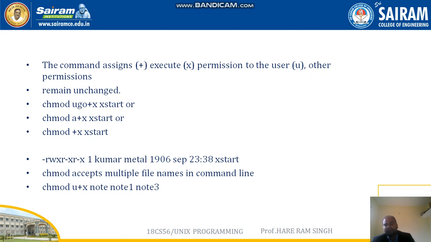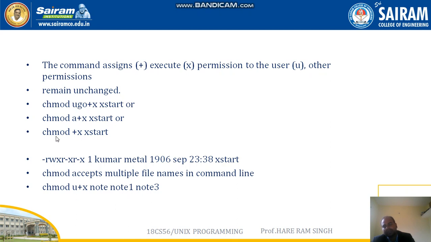Similarly, you can put more than one category at a time. Suppose you put ugo, where u stands for user, g stands for group and o stands for other. chmod ugo+x xstart means user, group and others all will get execute permission on the file xstart. Otherwise, for ugo we can write a, where a stands for all.